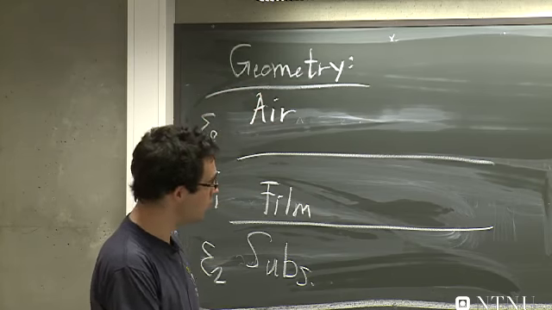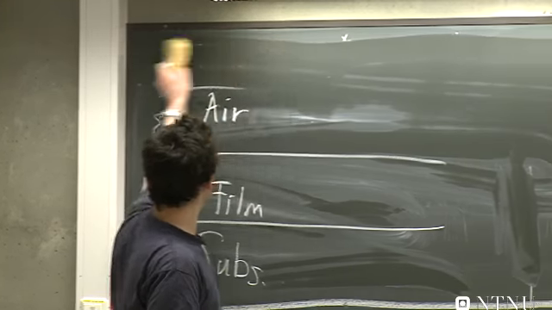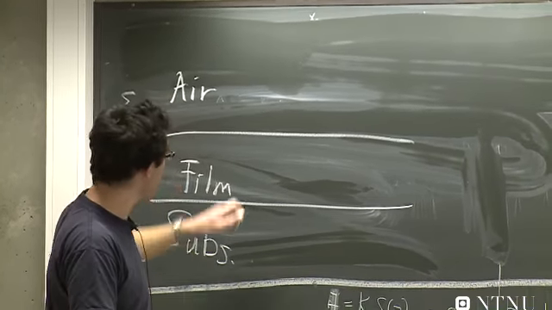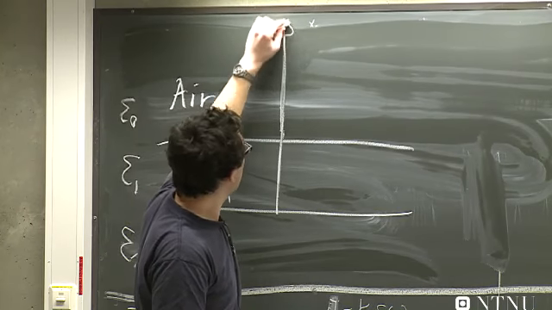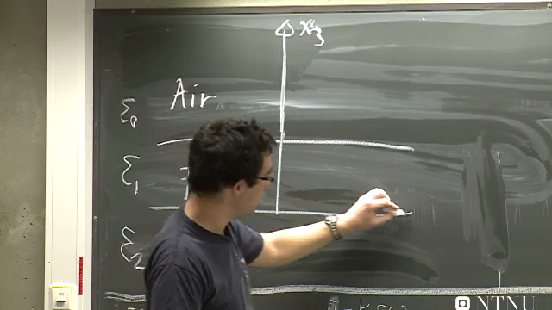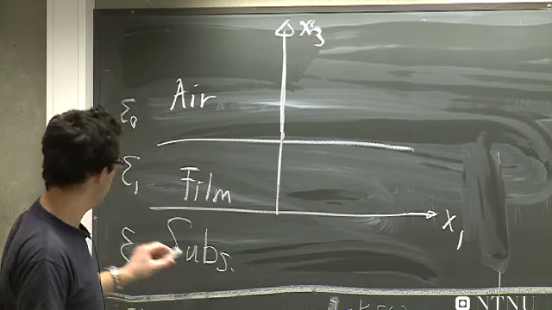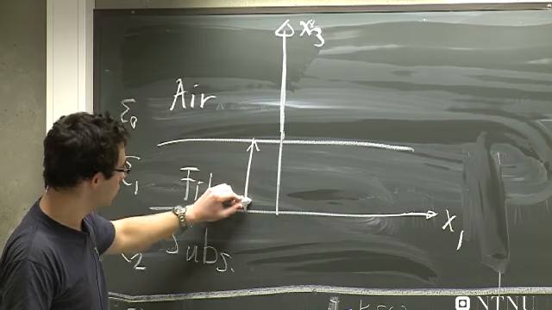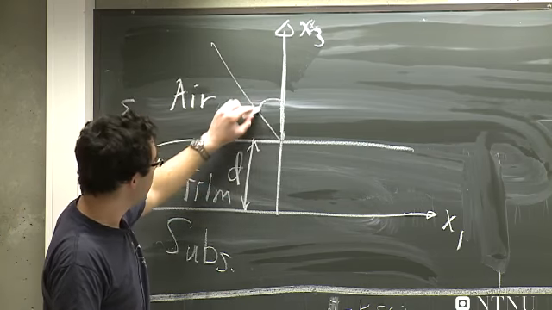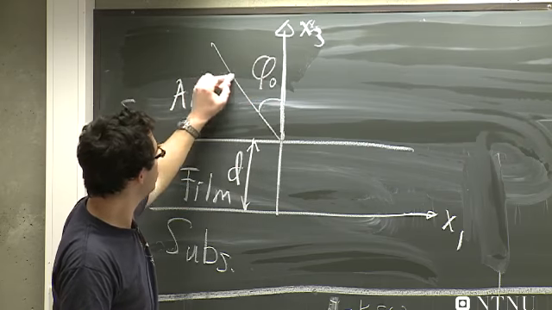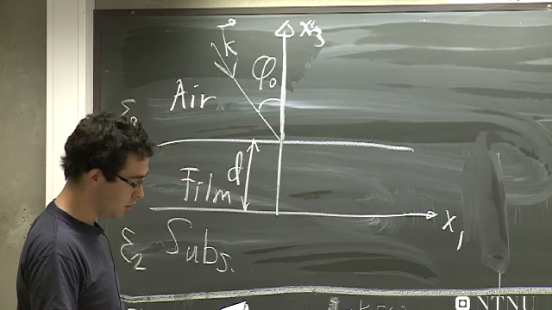I need the space, so I'll take that away. I need the coordinate axes, x3 and x1, like that. This thickness I call d. I have light incident at angle phi naught, like that.